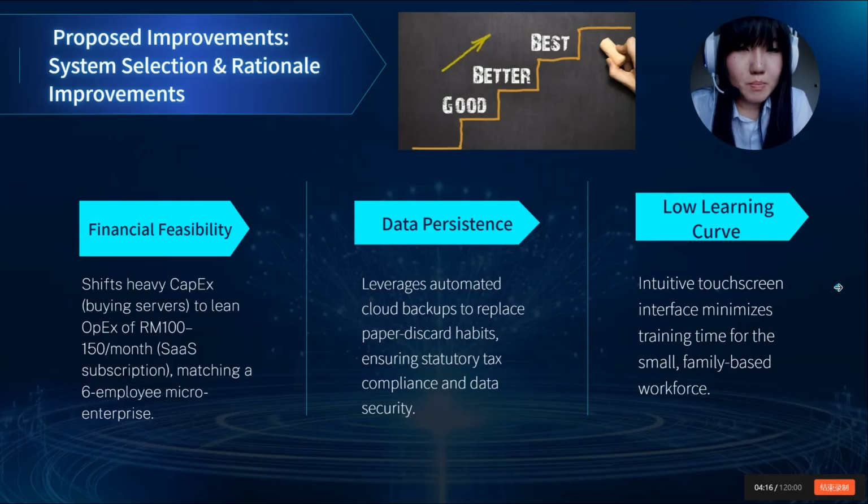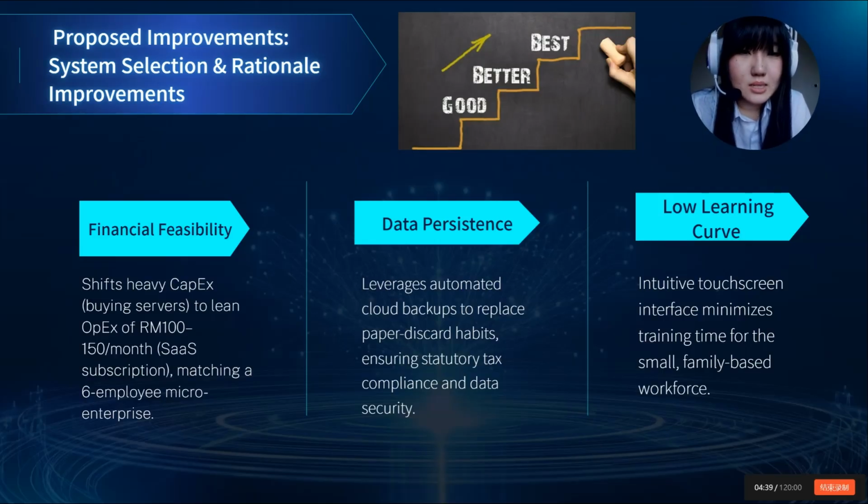To solve these gaps, we propose a subscription-based cloud POS system. Here are 3 main reasons why we chose it. First, financial flexibility. This system shifts heavy capital costs to a small monthly subscription of 100 to 150 ringgit. This is perfect for a 6-employee micro enterprise.